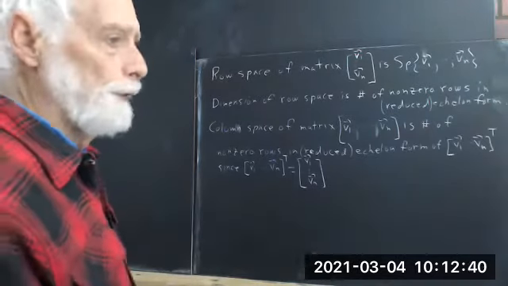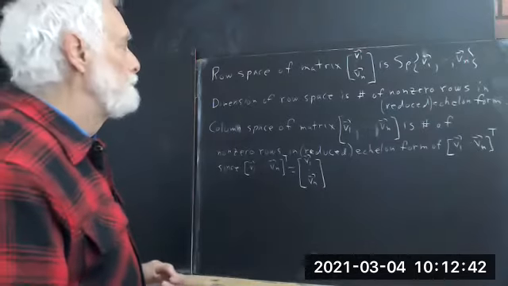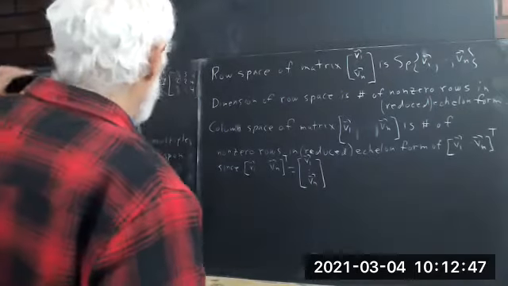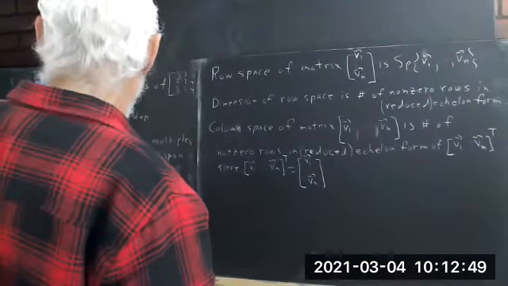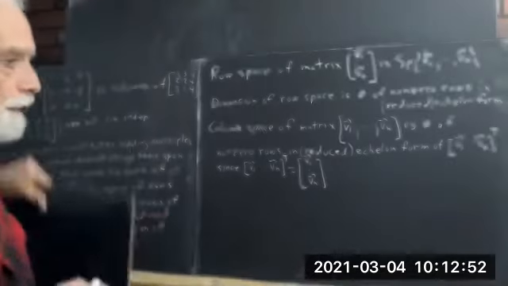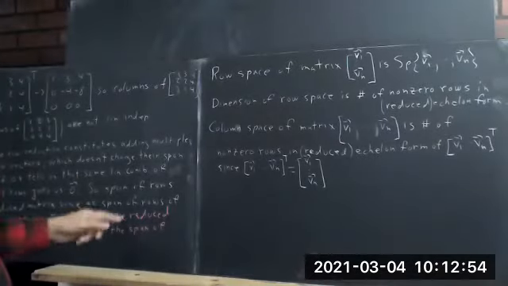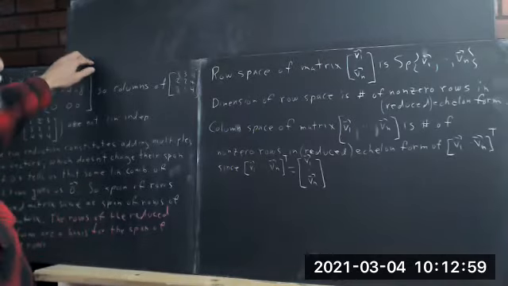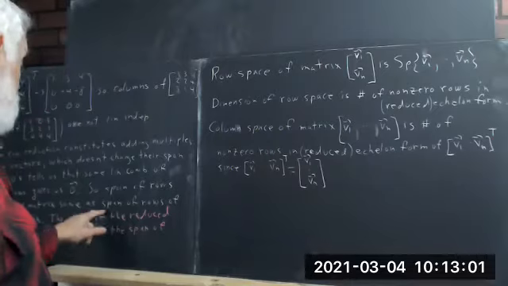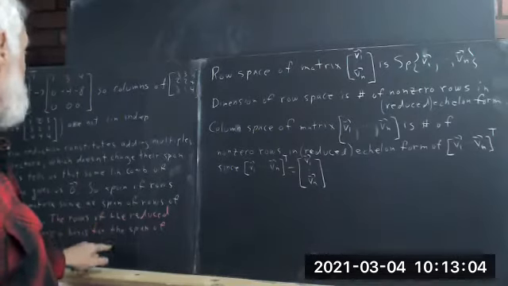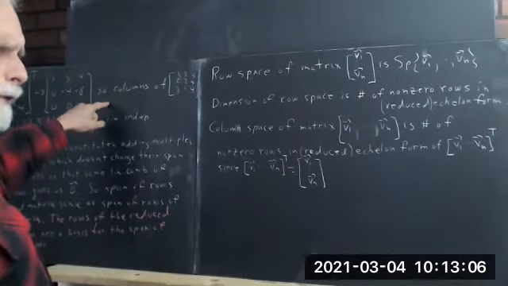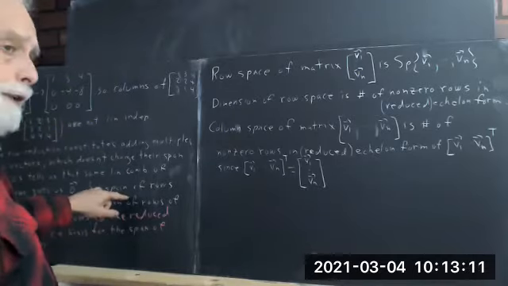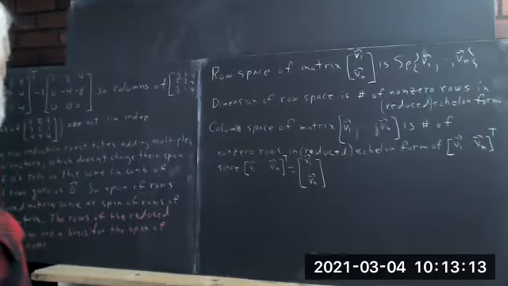And then in either case, and I think I stated it already, we come back to the statement I made here. You can't read the whole thing, where I said the rows of the reduced echelon form are a basis for the span of the original rows. Okay. This is something we established, at least in terms of the example, and it can be easily proven if you understand the details of what was done with the example.